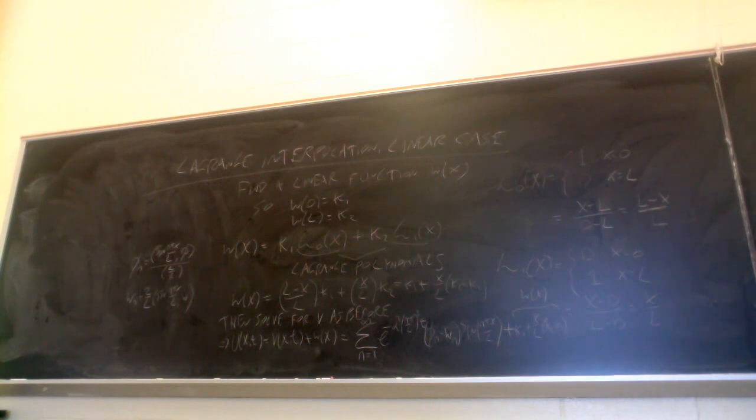I can make it more general now. It's some function k1 of t, that's unknown, times the first Lagrange polynomial at x equals 0, so L minus x over L, plus some other unknown function of t, k2, times the second Lagrange polynomial.